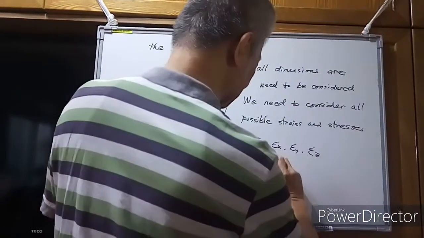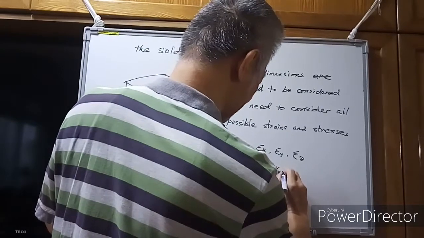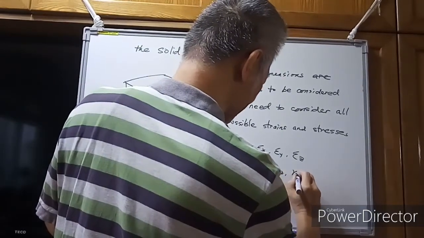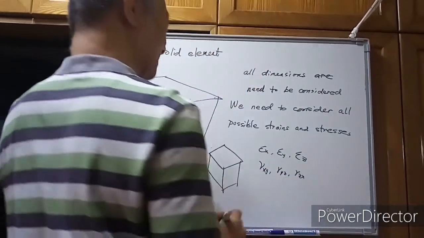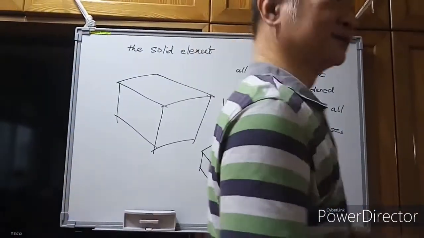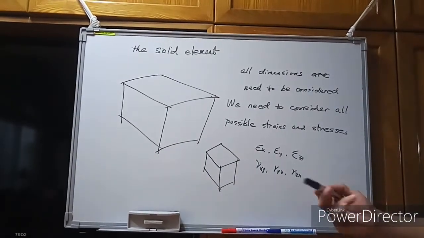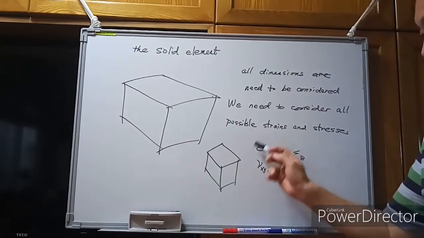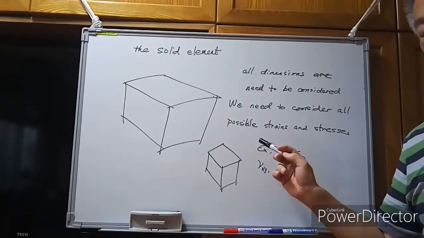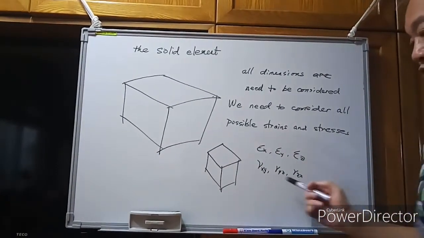And also we need to consider all three shear strains, gamma xy, gamma yz, and gamma zx. So that's all possible strains for three-dimensional structures.